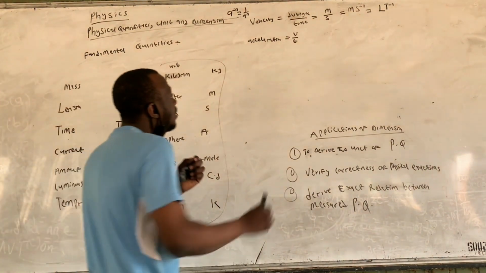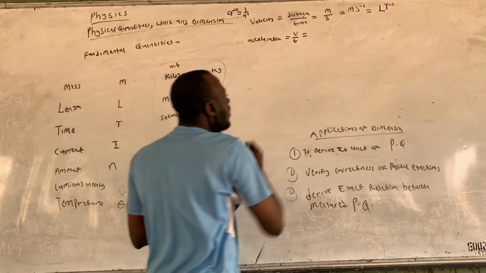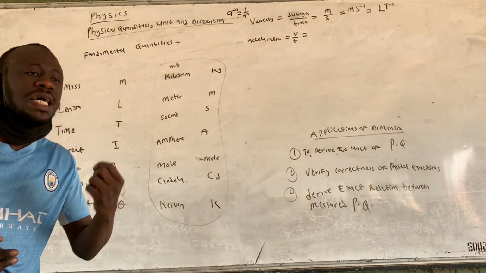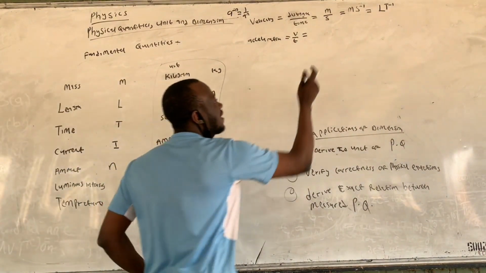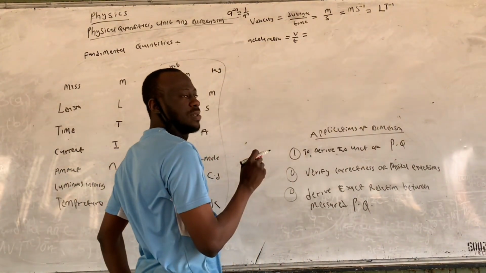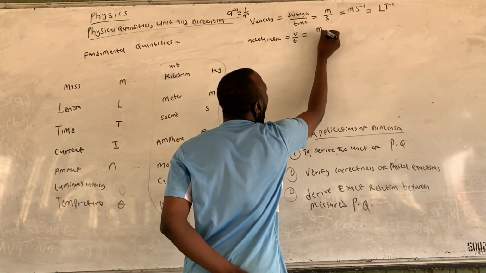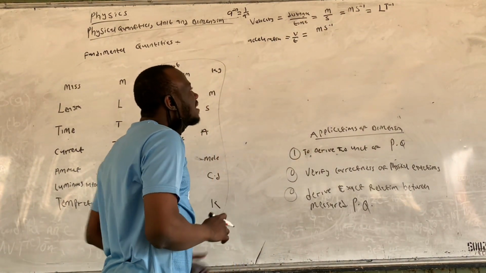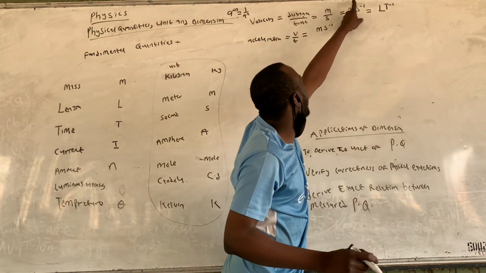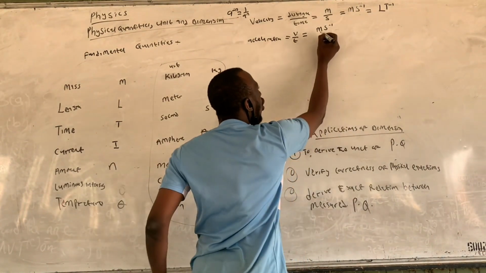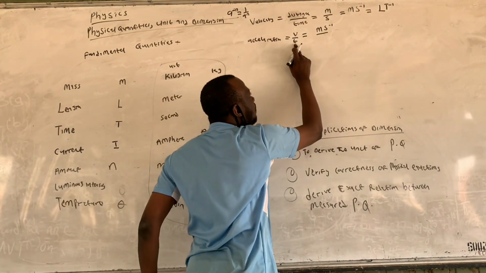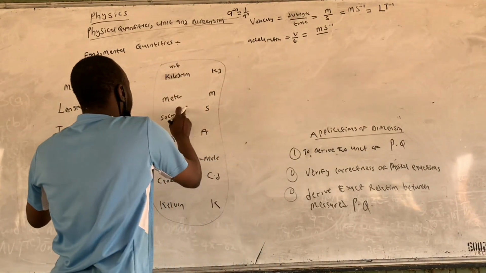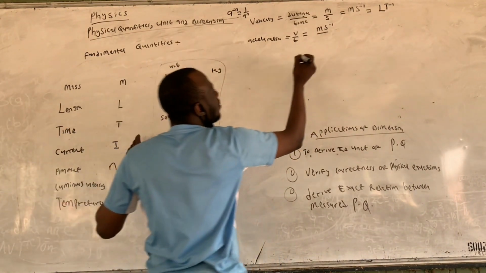Remember that the SI unit of velocity that we derived is meter per second, all over time, which is also in seconds.